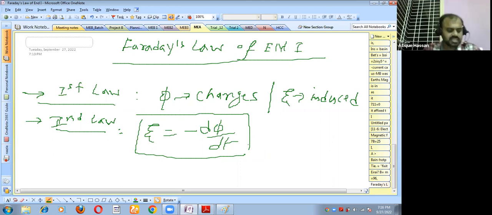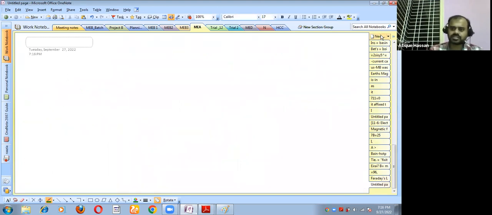Here the minus sign indicates the EMF induced always opposes the change which has caused it, which we will study further in Lenz's law. That is why we are giving the negative sign. So let us first do some questions based on Faraday's law. Then we will discuss Lenz's law, and we will do some questions.